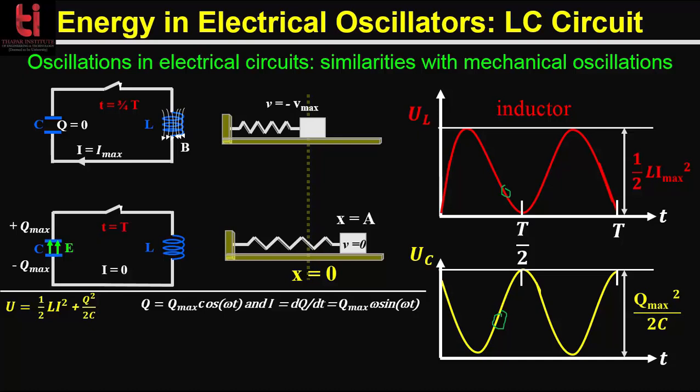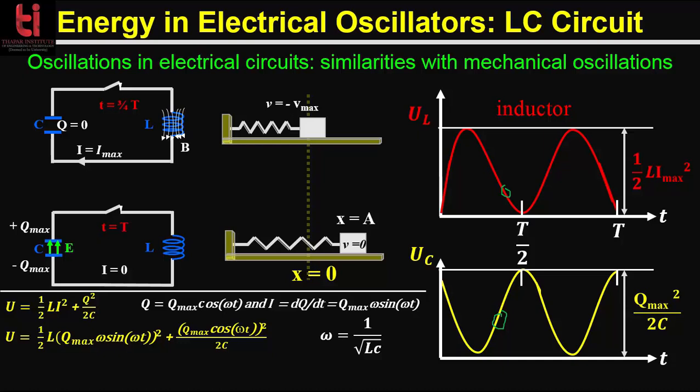So now if you replace Q and I in this equation of the total energy, you can get that U is equal to half L into (Q max omega sine omega t) whole square plus (Q max cos omega t) whole square by 2C, and you know that omega is equal to 1 by root over L C.